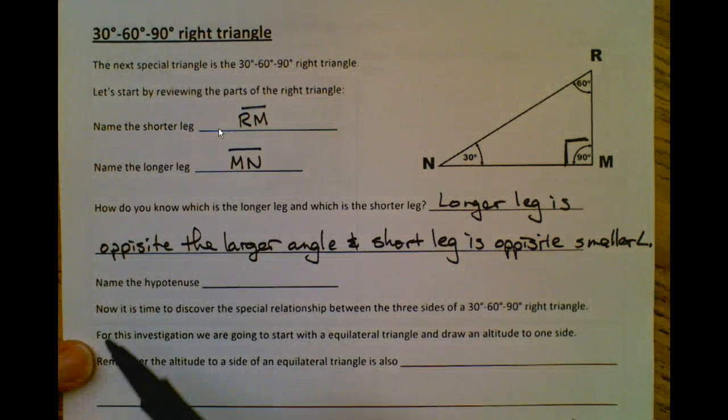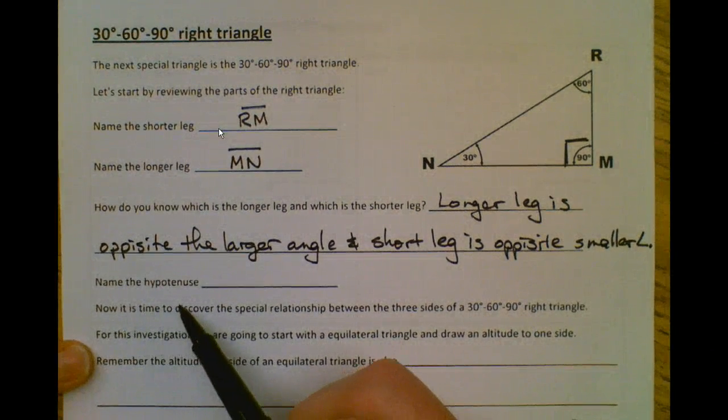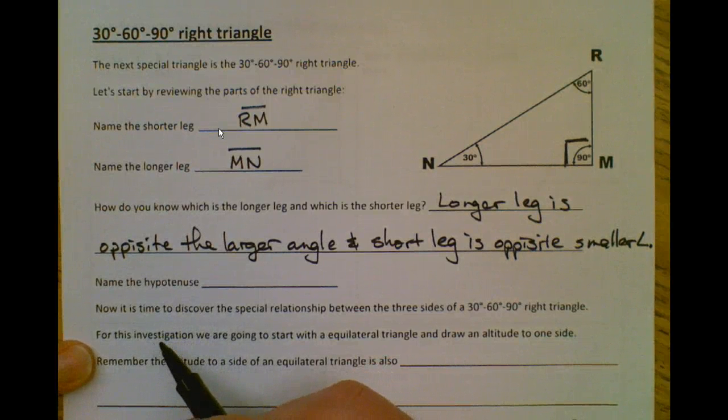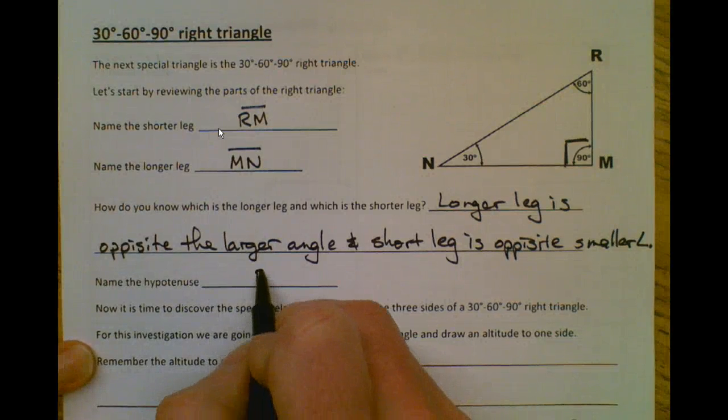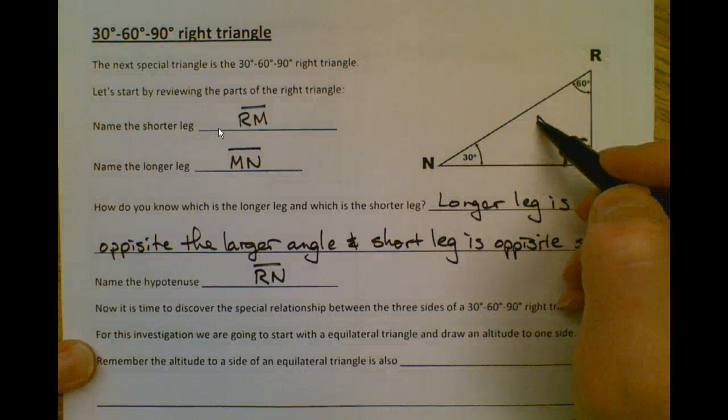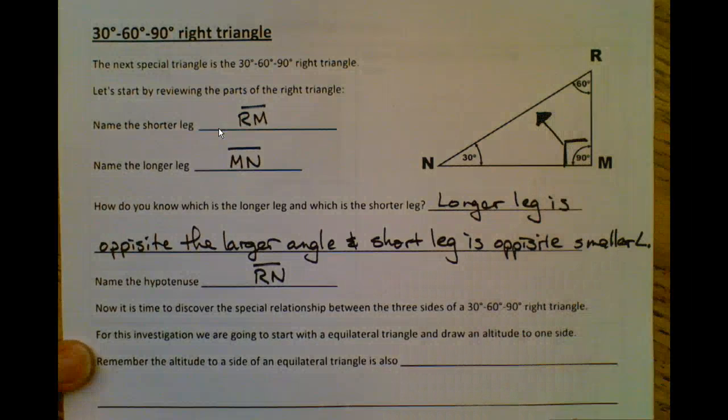Okay, so the hypotenuse is going to be the longest side, so it would make sense that it would be opposite the largest angle in the triangle, so that's going to be segment RN. Again, hypotenuse is always opposite the right angle.